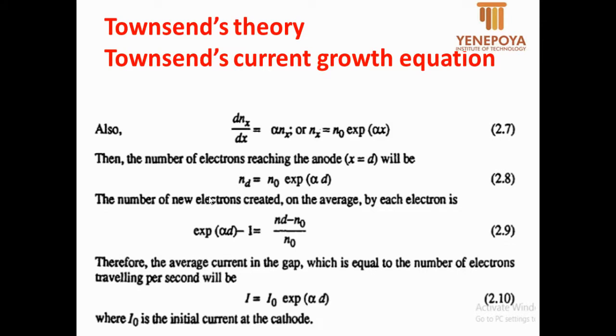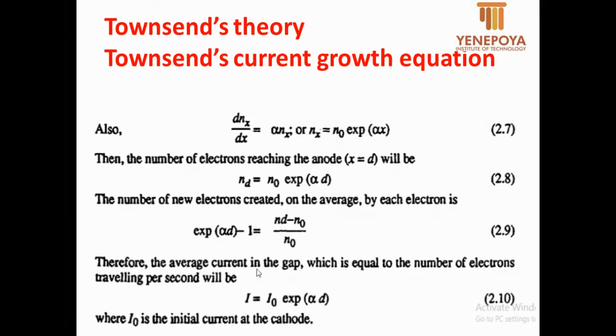The number of new electrons created on average by each electron is exponential alpha d minus 1. So nd minus n naught by n naught is equation number 2.9.